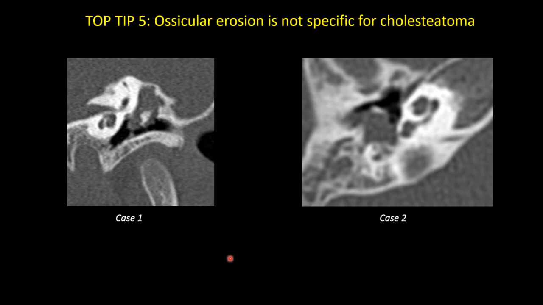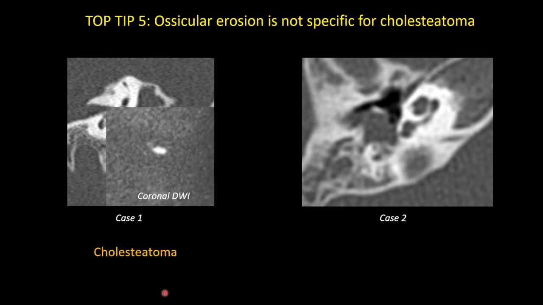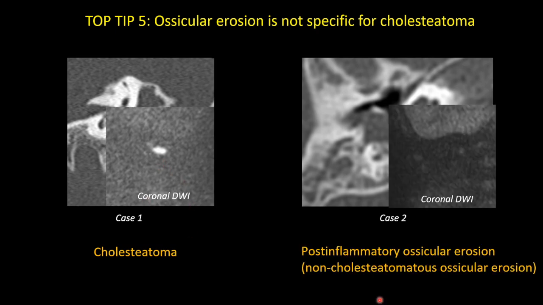So the importance here is to describe these findings as such, but to confirm whether there is indeed a cholesteatoma or not, we need to do a diffusion sequence, particularly a non-EPI diffusion. Cholesteatoma would typically show restricted diffusion, whereas post-inflammatory etiologies of ossicular erosion, also known as non-cholesteatomatous ossicular erosion, would be diffusion negative.